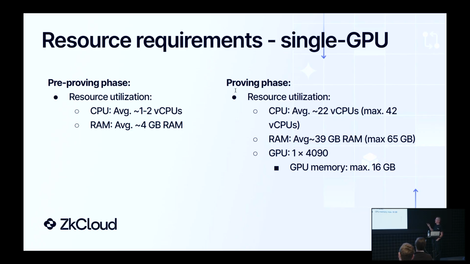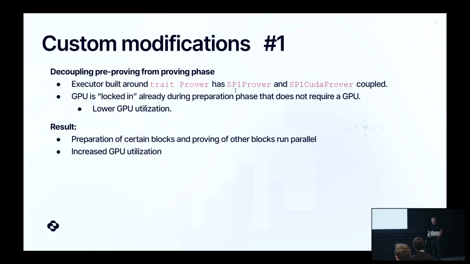And interestingly, even though the 4090 has 24 gigs of RAM, the proving process only utilizes around 16, so there is quite some optimization still to be done on that front, so that we could actually utilize the additional 8, for example, for the aggregation part of the proving process.